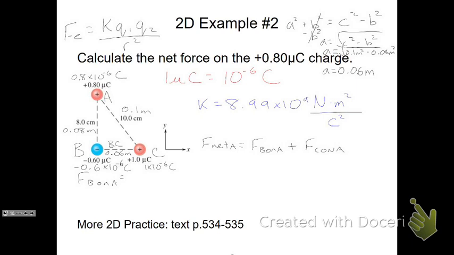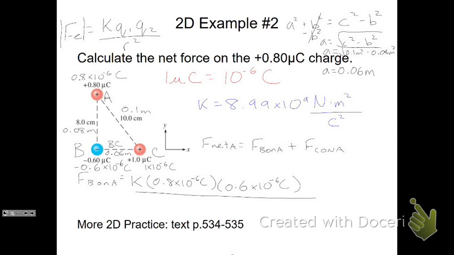So force of B on A is equal to K times Q1. So 0.8 times 10 to the negative 6 coulombs multiplied by Q2, 0.6 times 10 to the negative 6 coulombs.